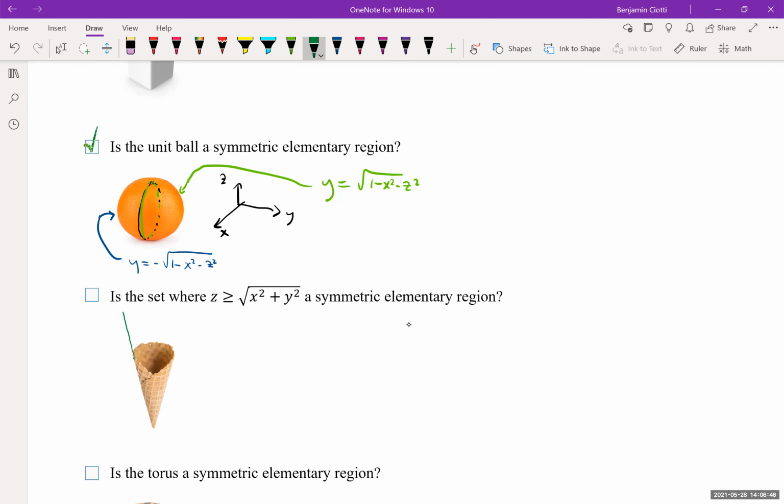the coconut would be an example of one of these more general types of regions. So in this example, I define B to be the space for which the distance from the origin is between 2 and 3.